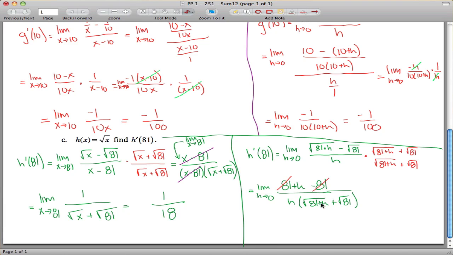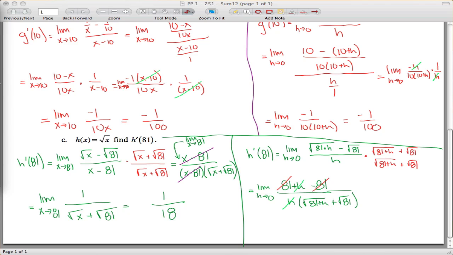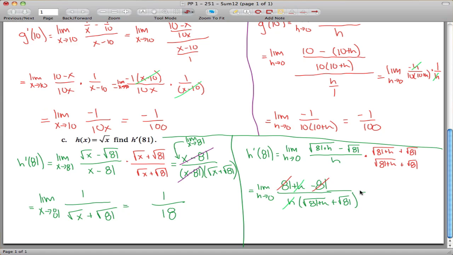These 81s cancel each other out, so we're just left with an h up top. But we have an h on the bottom we can cancel that with. So this whole thing is equal to the limit as h approaches 0 of 1 divided by square root of 81 plus h plus square root of 81.